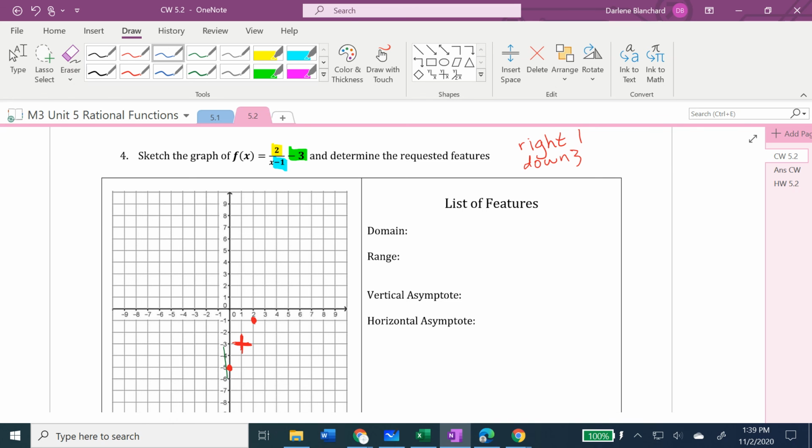And then I'm going to draw the asymptotes as blue dashes. And the graph itself, I'm going to put in red. And I'm not drawing the most perfect graph. I'm just drawing a decent rendition of it.